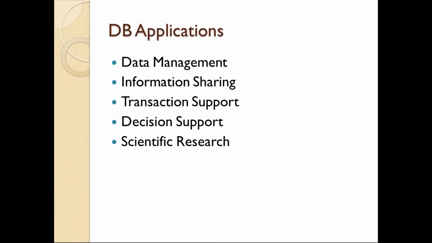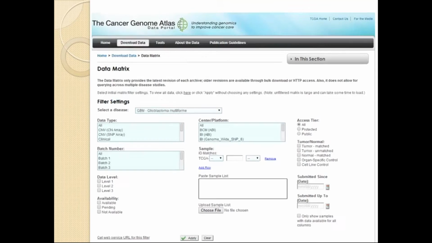Anyway. So for database applications, you can have data management and all of those things that you use. For example, this is one database application called TCGA, and you can have a web portal and you see all of these elements. It's actually not just a static web page.